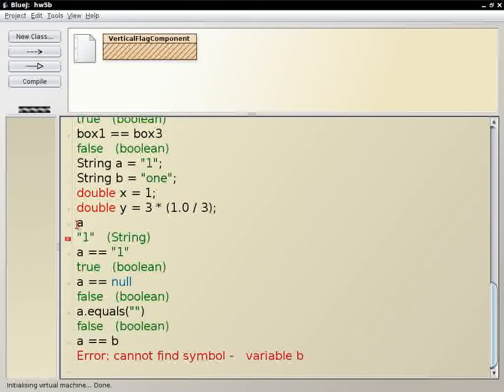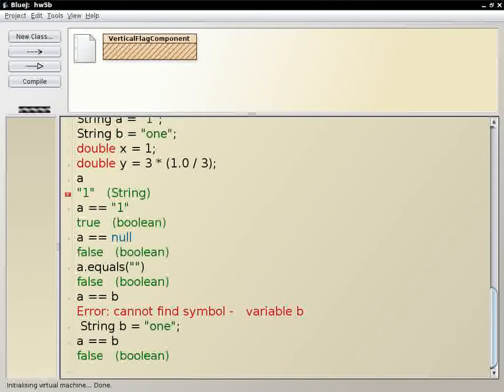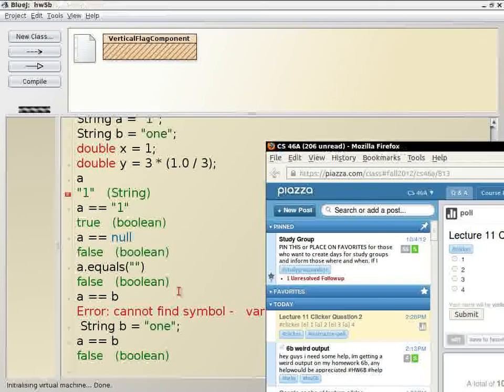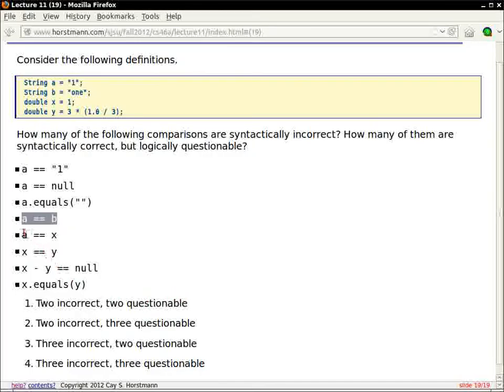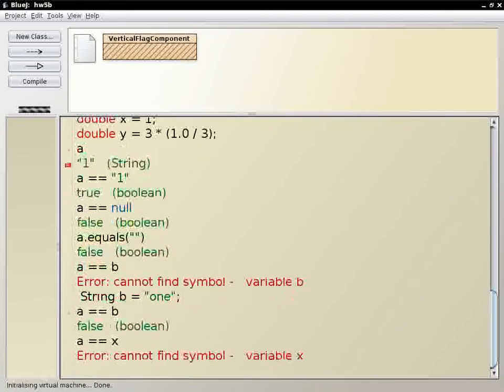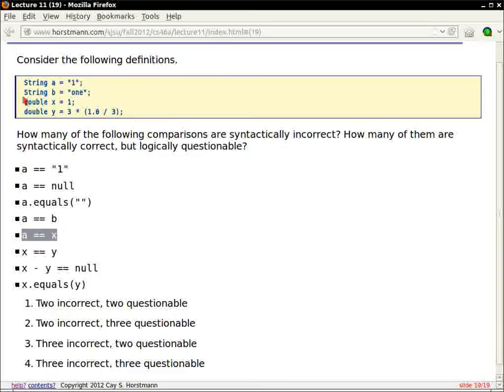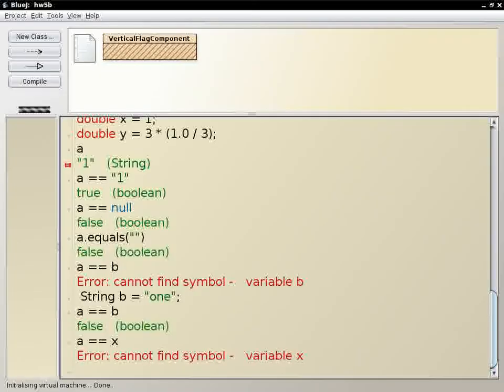Can't find B. Let's try it again. Okay, well, it compiles. Can't find X. What gives? I think I have to paste these one line at a time.